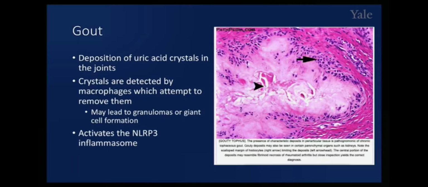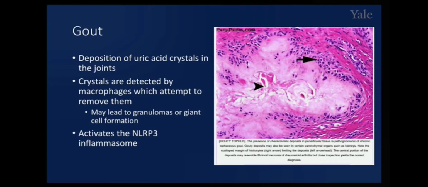Gout is when uric acid crystals form and are deposited into the joints. These large crystals are then detected by macrophages, which induce an inflammatory response in an attempt to remove them.